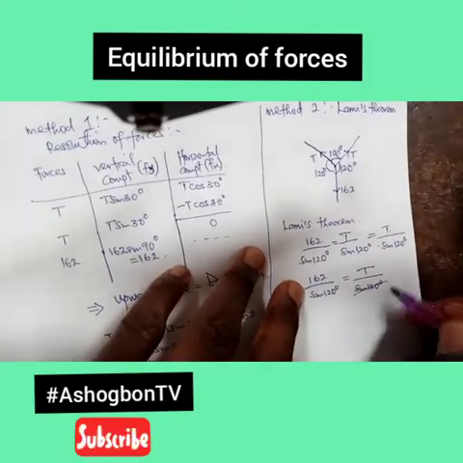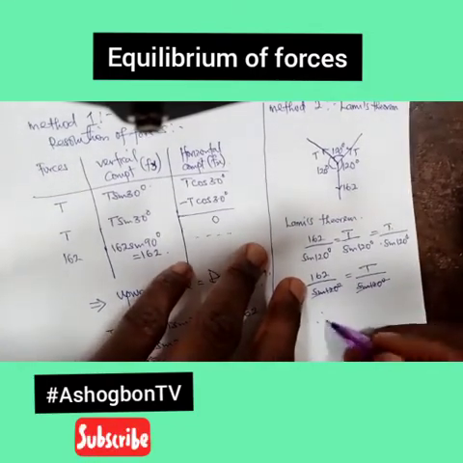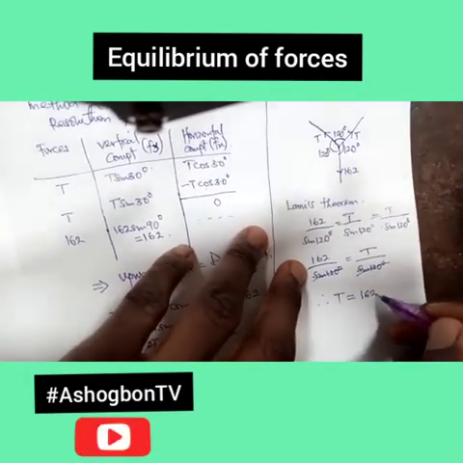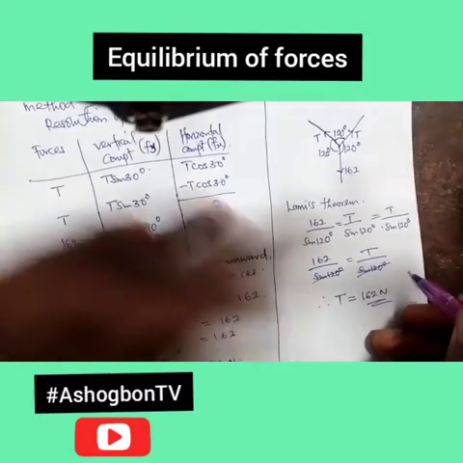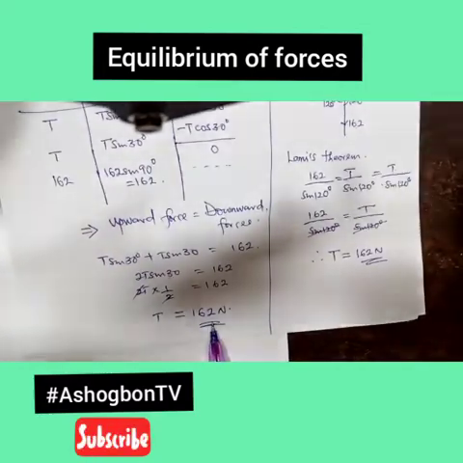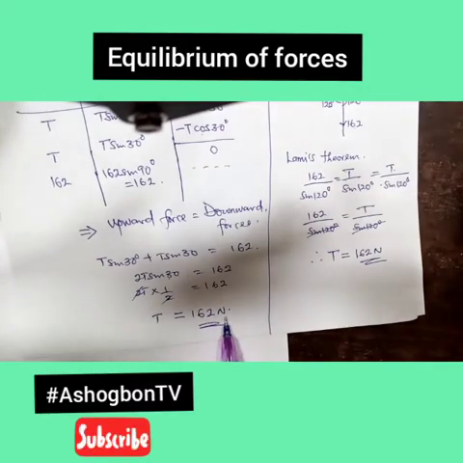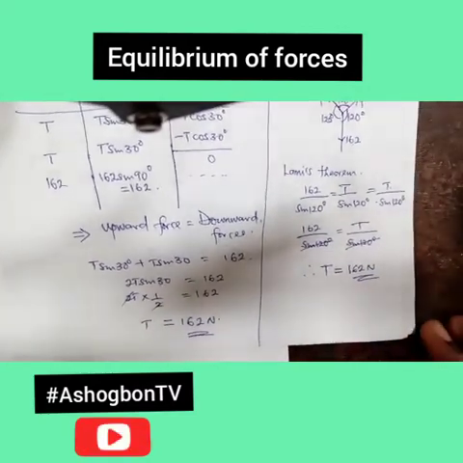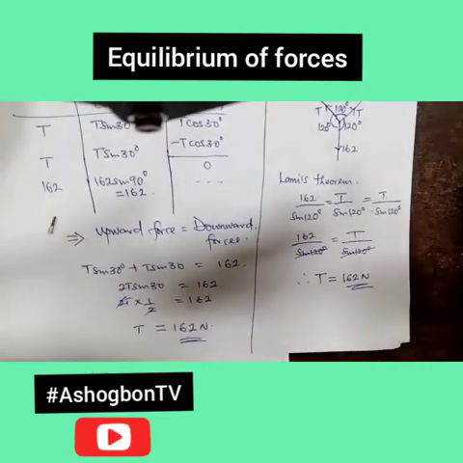Sine 120 degrees can cancel sine 120 degrees. I have my tension equal to 162 Newton. And if you check from the one we've solved, you see that we equally got 162 Newton. So in any formula you use, you will get the same answer.